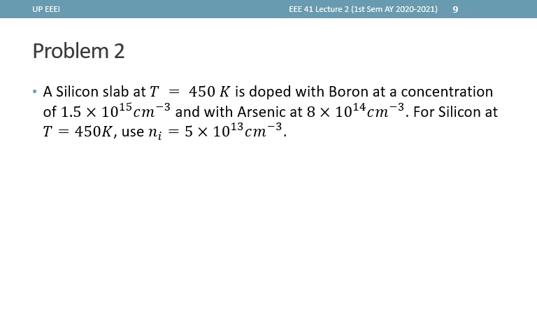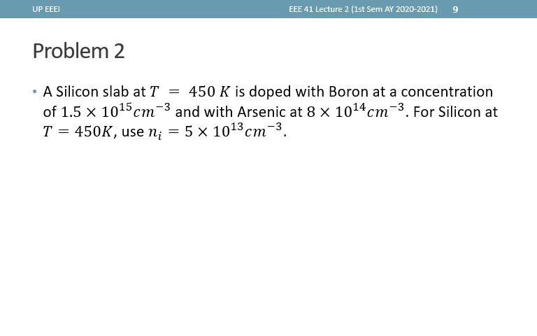Okay, problem 2. We are given a silicon slab at a temperature of 450 kelvins, doped with boron at a concentration of 1.5 times 10 to the 15 per cubic centimeter, and with arsenic at 8 times 10 to the 14 per cubic centimeter.